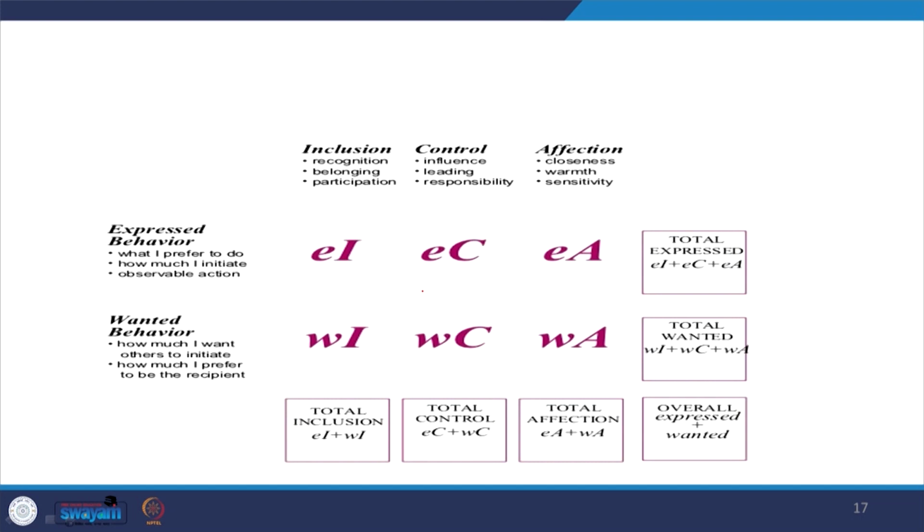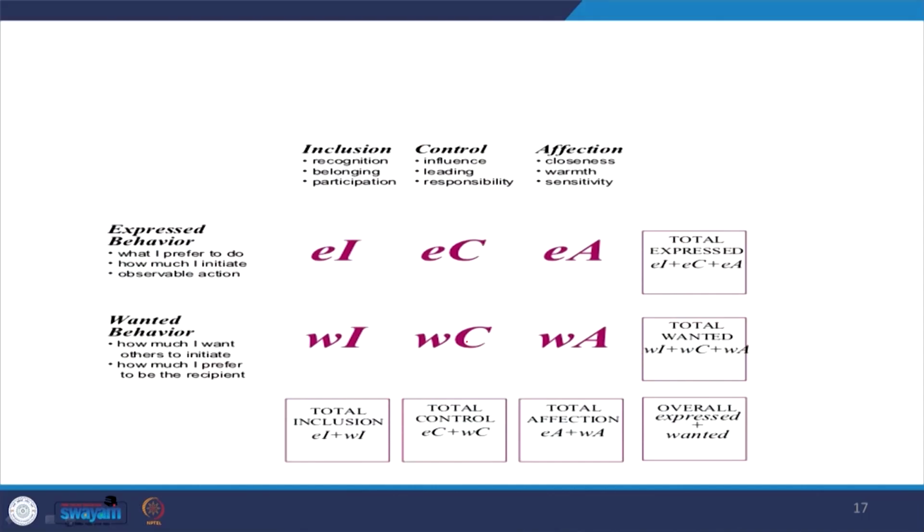So, total expressed behavior means expressed behavior with inclusion, expressed behavior with control, and expressed behavior with affection. Whenever a person has expression for inclusion, control and affection, we say it is total expressed behavior.